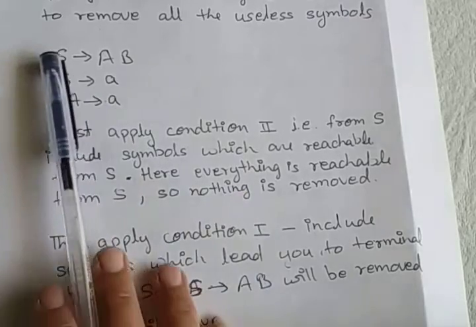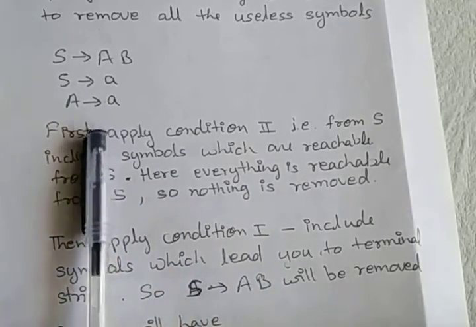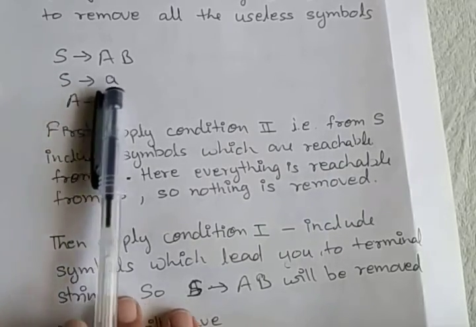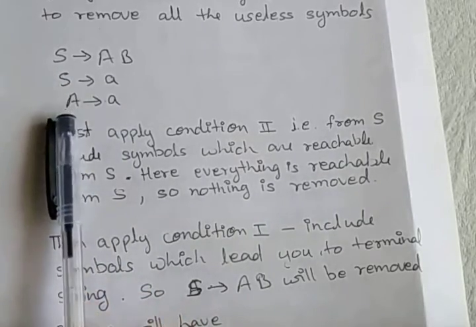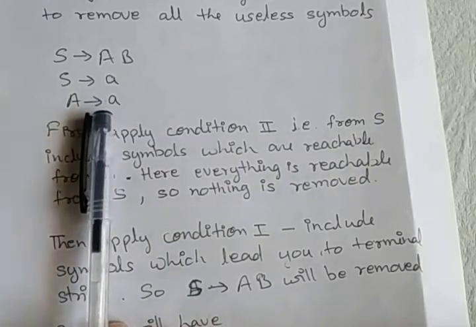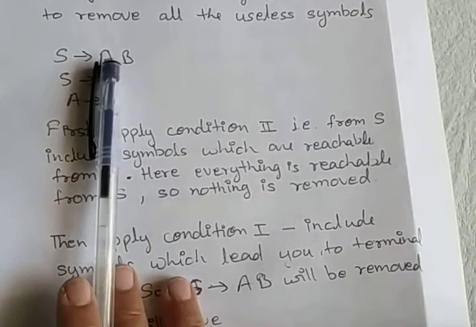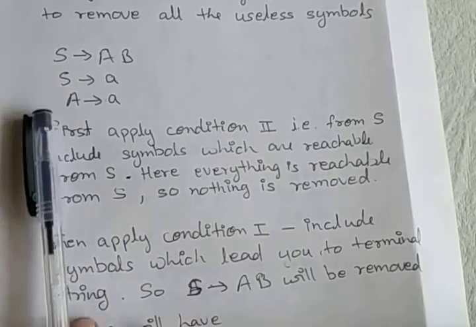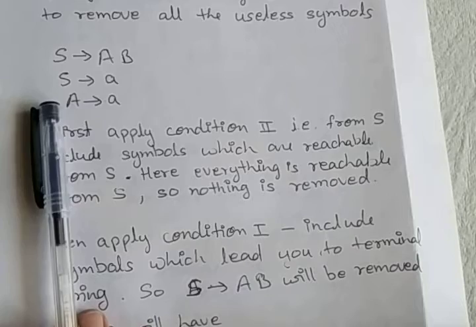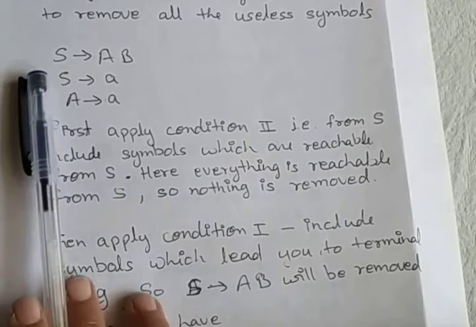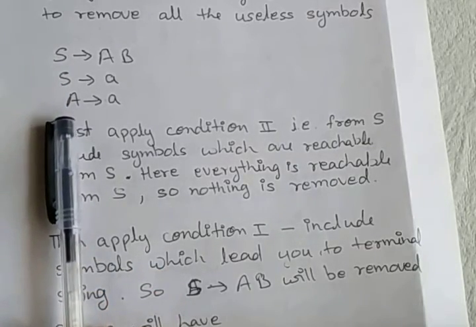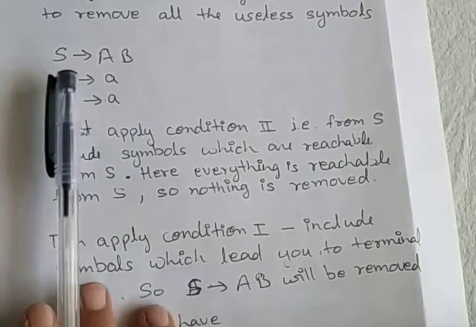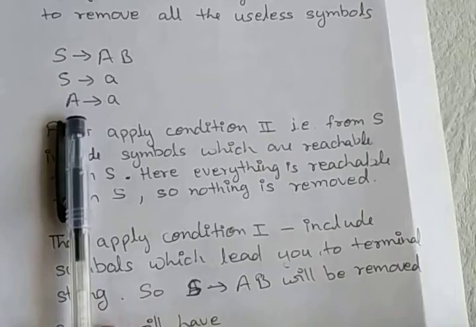So if we consider this grammar, here S is the starting symbol, then no doubt it will be included, right? And here A tends to A and A is derivable from S. So in this case, if we apply second condition, no rule will be eliminated, right? Because all these rules are satisfying the second condition, that all the non-terminals should be derivable from S.